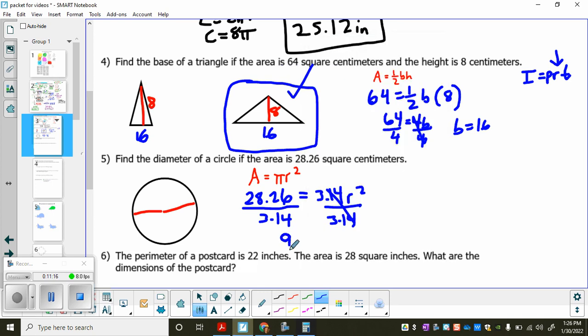So on this side we get 9, and that's what r squared is. Well, if r squared gives you 9, the square root, 3, must be r. So we know that this side is a 3. Now we're trying to find the diameter, which is all the way across. So 3 plus 3, the diameter here would be a 6.